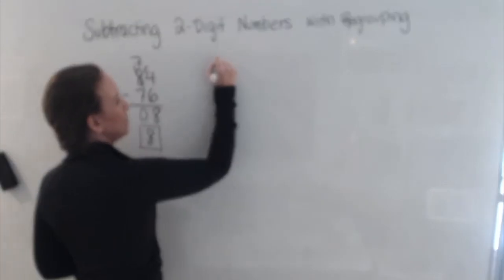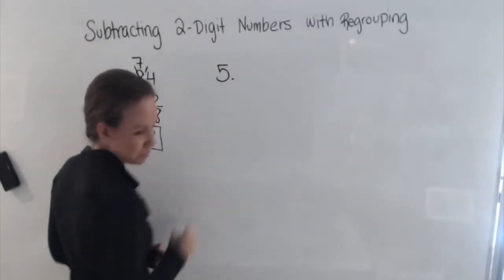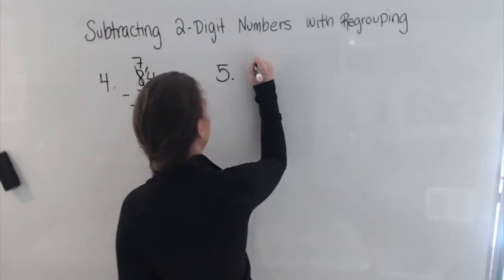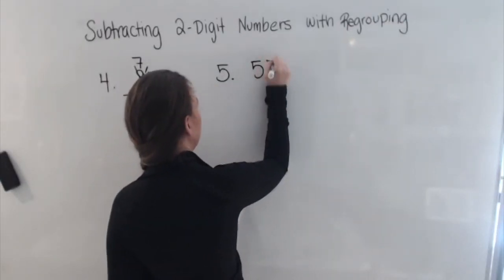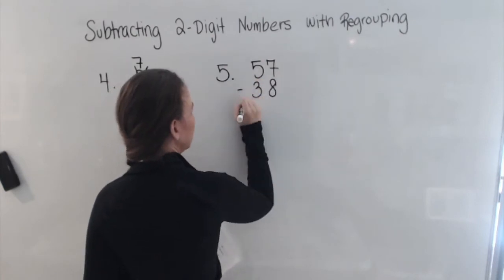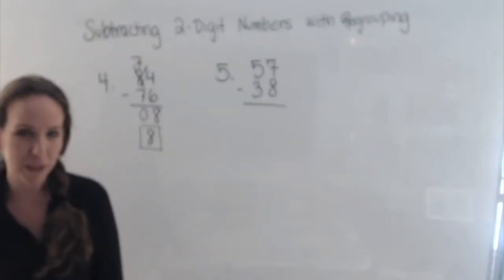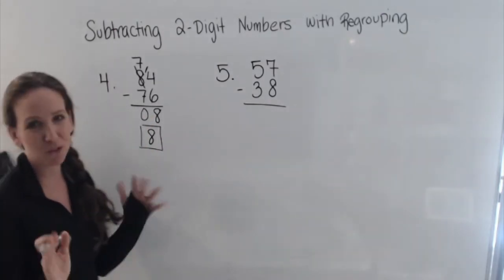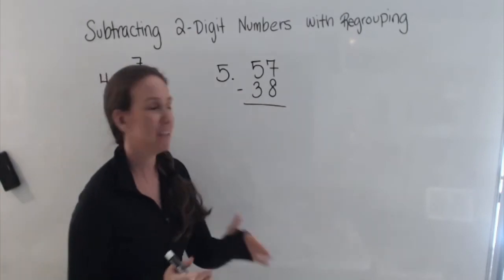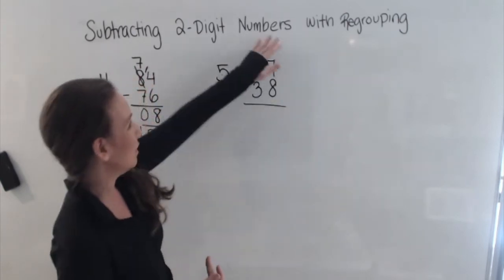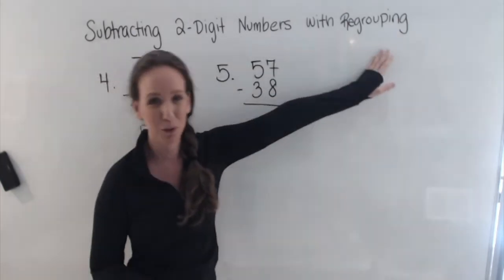So, problem number 5. 57 minus 38. That's pretty close. We can just subtract 8 from 7, right? No, we still can't. Remember, this whole worksheet is about our inability to subtract the bottom number from the top without regrouping, because this lesson is with regrouping.